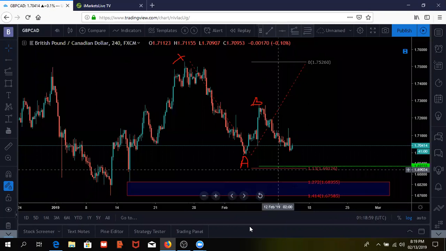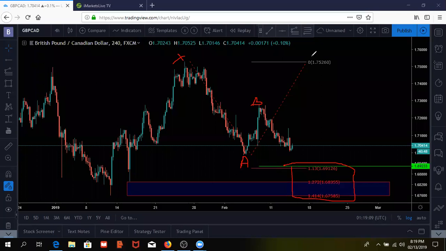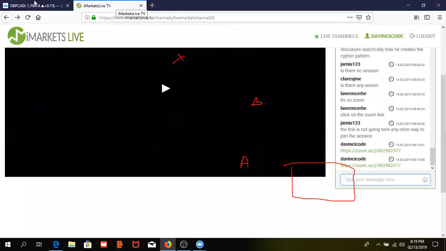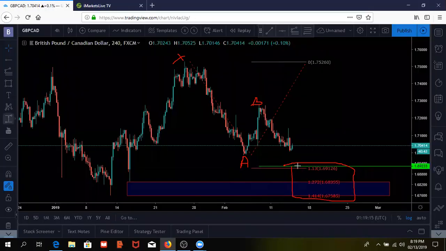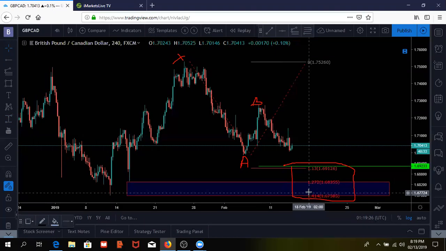Let's see how big that gap is. From here to here, that's about a 160 to 170 pip gap. So we can see price reverse anywhere out of that zone.